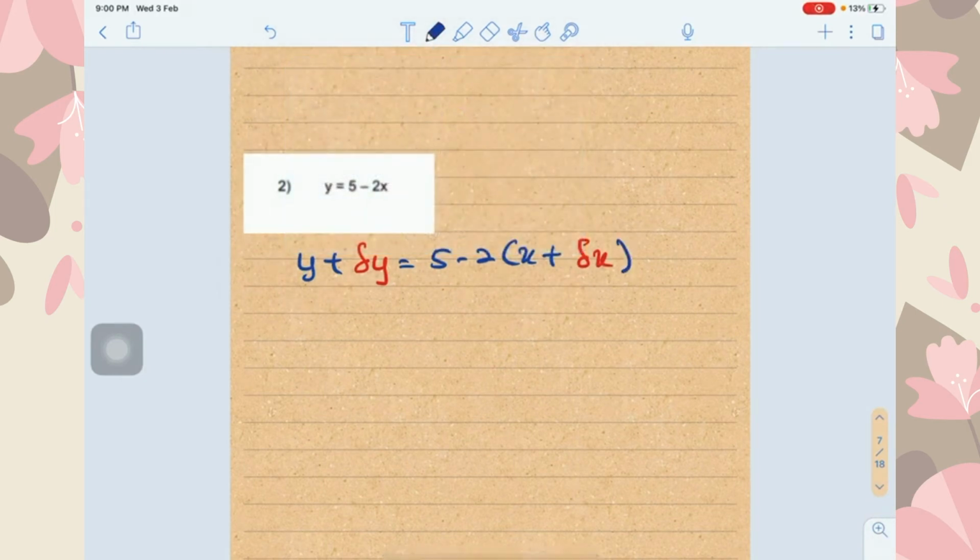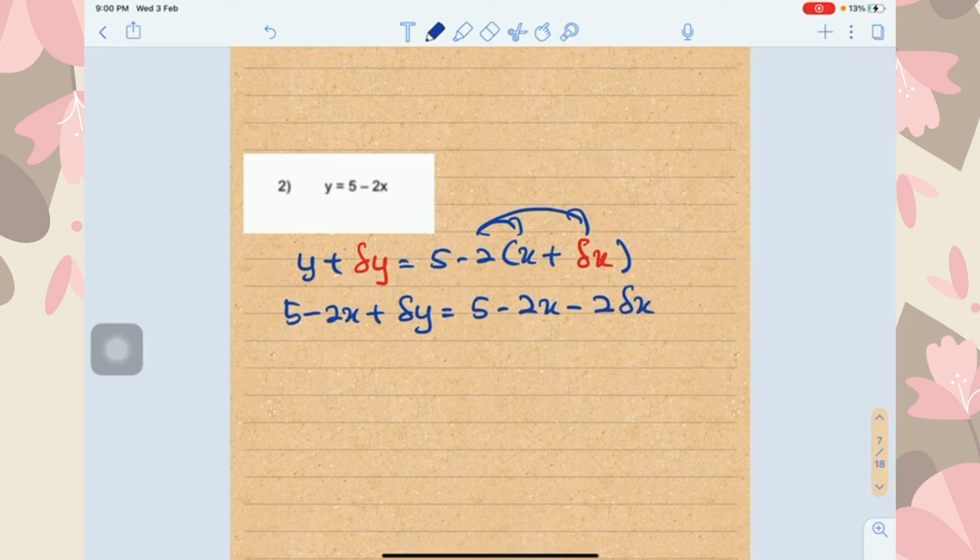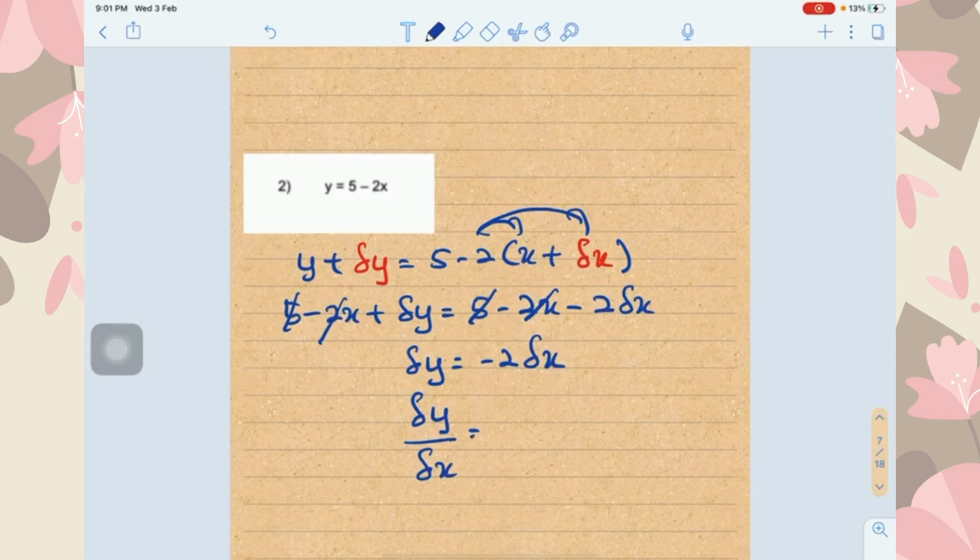So we substitute y. y is 5 minus 2x, plus delta y equals 5 minus, we expand, 2x minus 2 delta x. So 5 minus 2x, we can simplify. So delta y equals negative 2 delta x. Delta y over delta x equals negative 2.